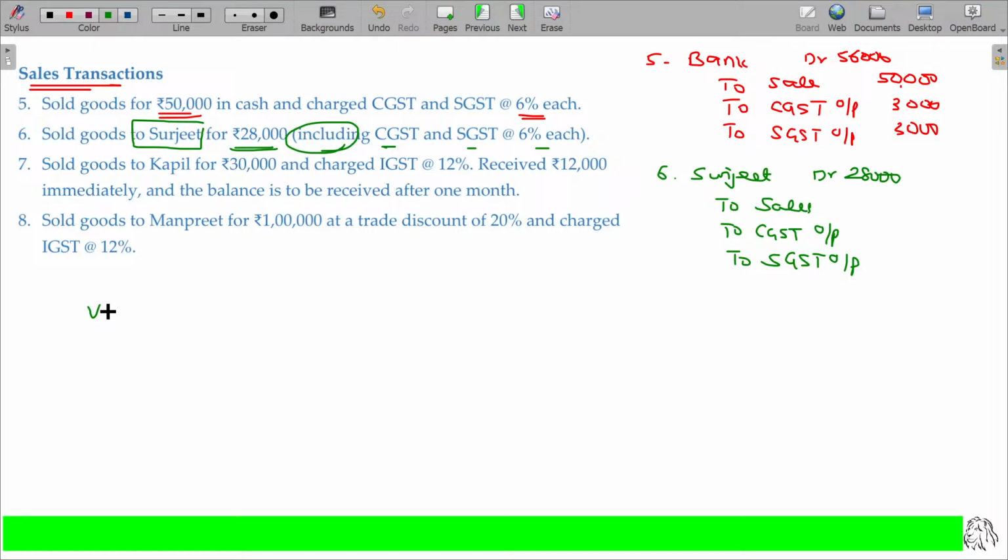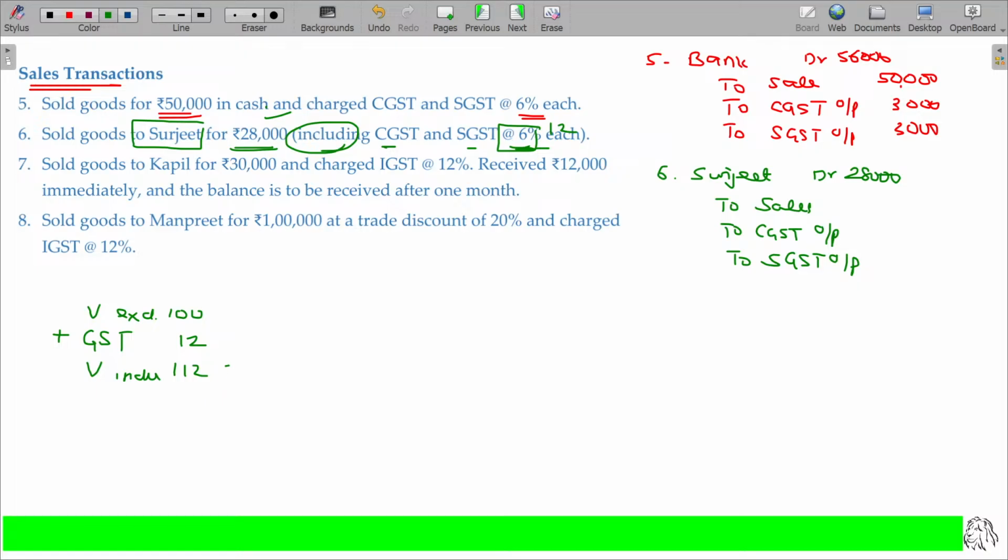If you add GST to the value before GST, you will get the value after GST. 6 plus 6, 12%. If the value before GST is 100, you need to pay CGST and SGST both put together 12. The value should be 112 including GST. This is excluding GST.